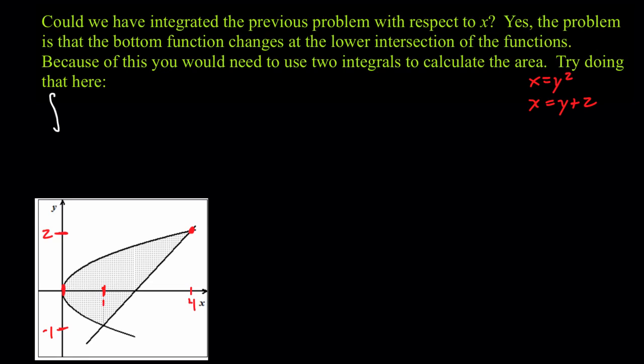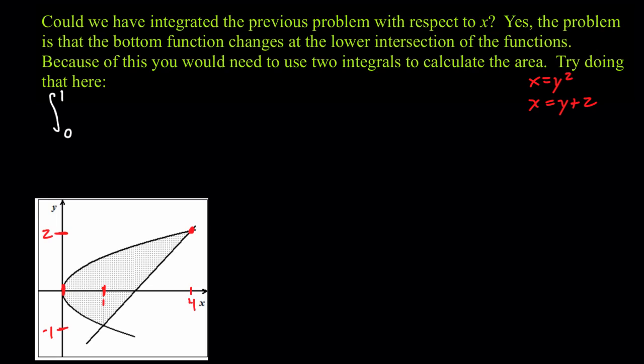All right, so integrating, we can write our two integrals. The first one will be between 0 and 1 of the top function. Now the equations over here are written as x equals, so we would need to convert these to y equals equations.